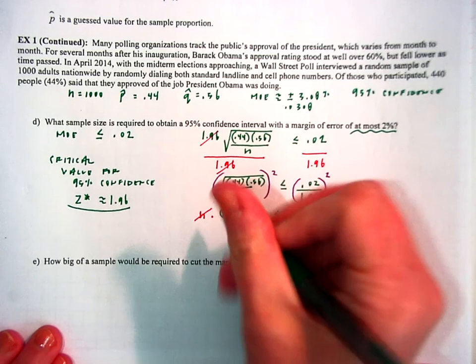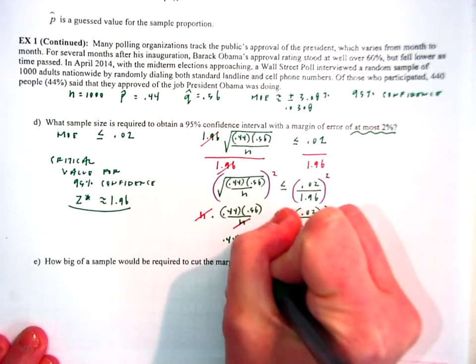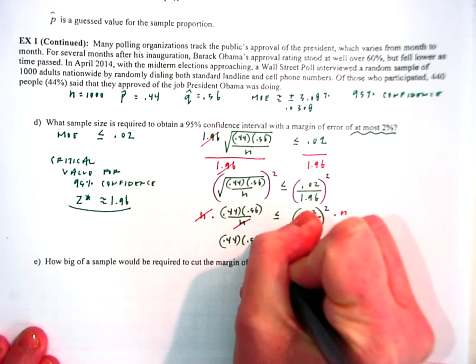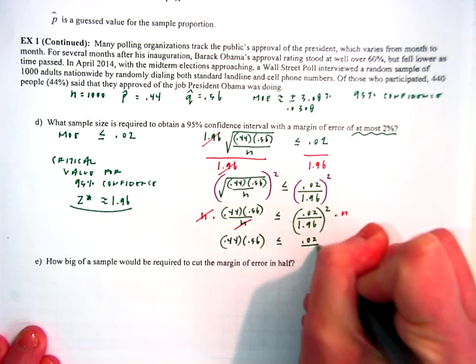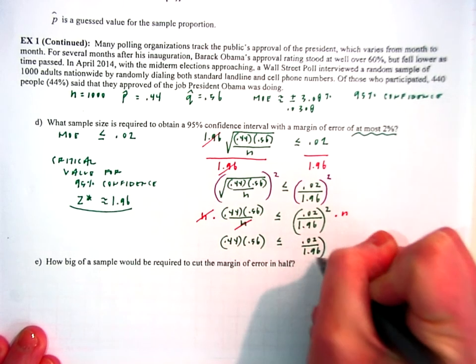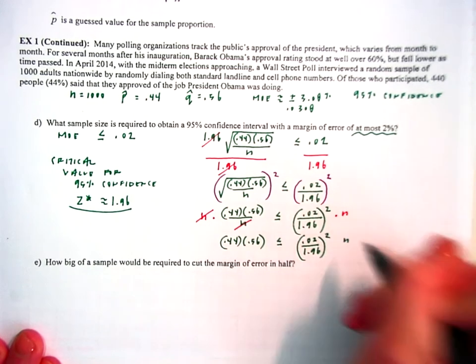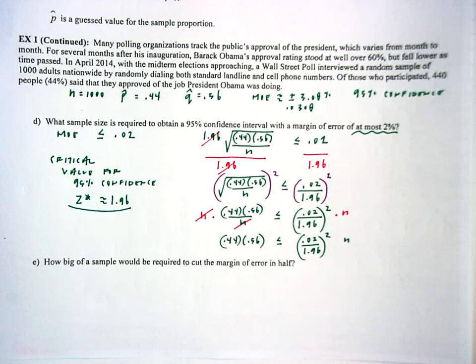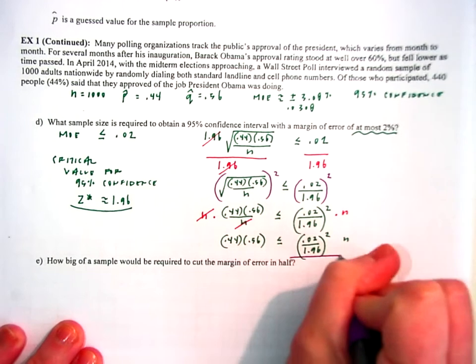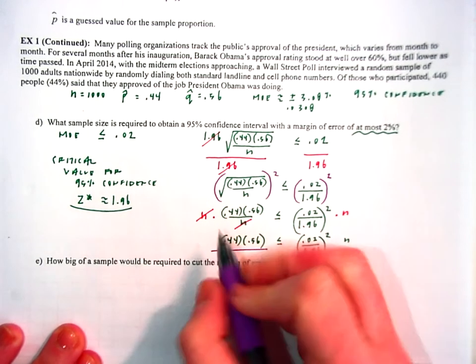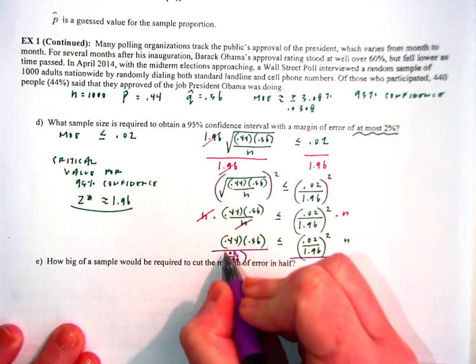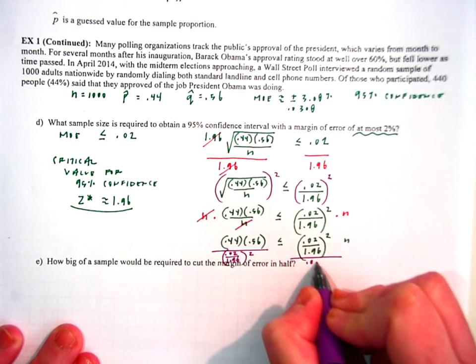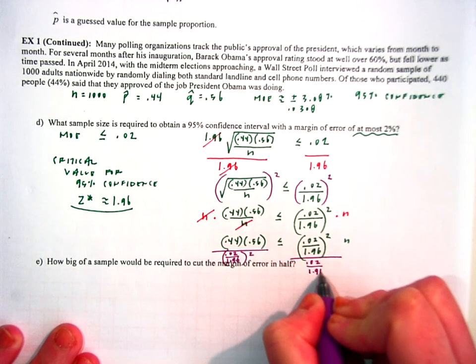I now have 0.44 times 0.56 is less than or equal to 0.02 over 1.96 squared times n. Now I need to divide away from each side that 0.02 over 1.96 squared, because I'm trying to get my n all by itself.